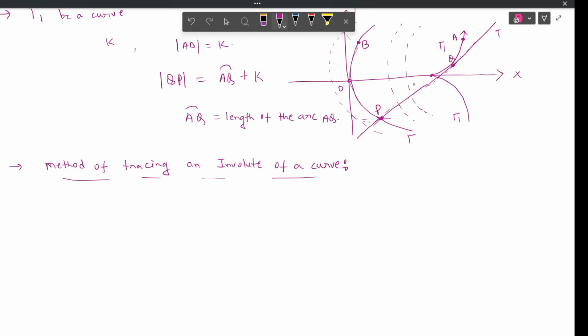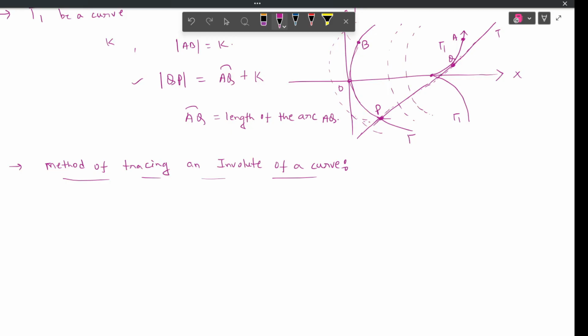So let gamma 1 be a curve. This is the same figure we are considering. Take a fixed point A on gamma 1. Consider any number k which is greater than 0. Take the variable point Q on gamma 1 curve, and the tangent of gamma 1 at Q. Take a point P on this tangent such that mod of QP is the length of the arc AQ plus that constant.